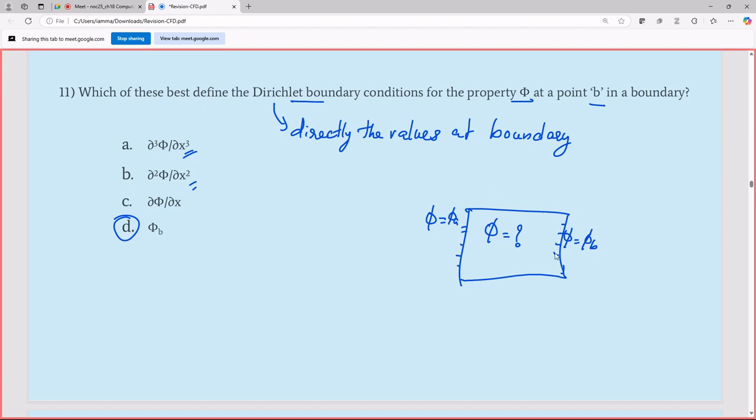So phi b means phi at b, assigning phi a constant value. All other options are giving differential terms, while only option D is giving a constant or direct value for phi. Phi is equal to phi b. So our answer is option D.